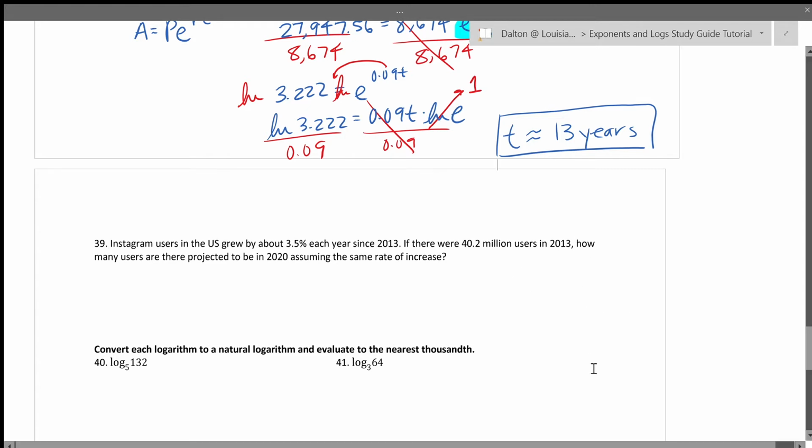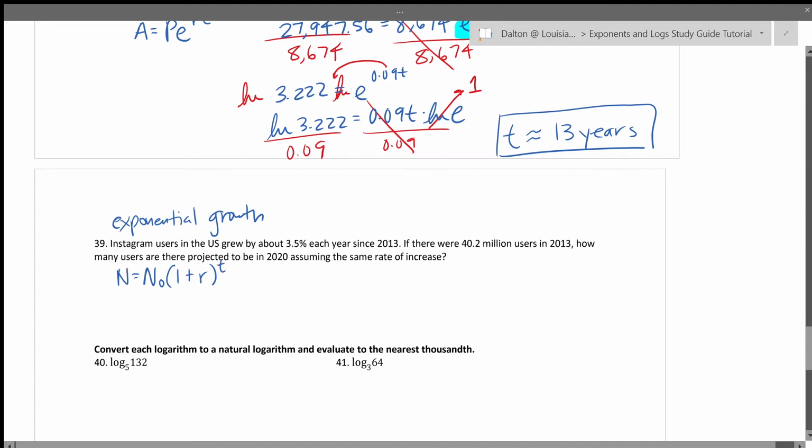So the main thing to realize when choosing your formula is this one is just dealing with exponential growth. And remember, you're not going to choose the exponential growth formula with e. You're going to choose the exponential growth formula N equals N sub 0 times (1 plus r) all to the t power.